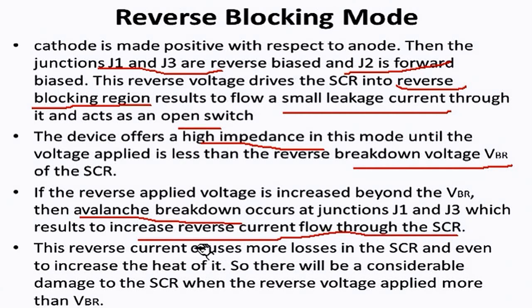Because of this increase in current, it will create more losses and heating effect, so it will lead to damage of SCR. So we have to be careful when we are applying reverse voltage across SCR, particularly when more than VBR. Okay, thank you.